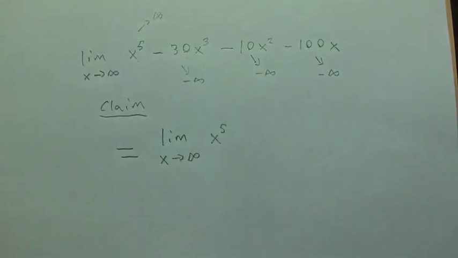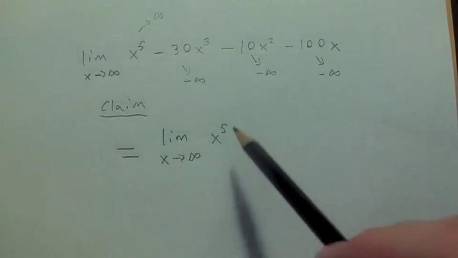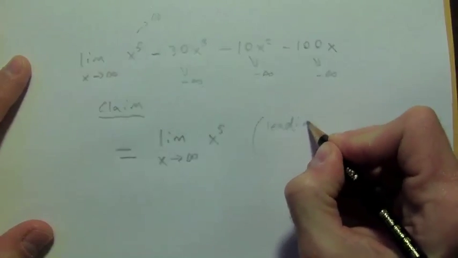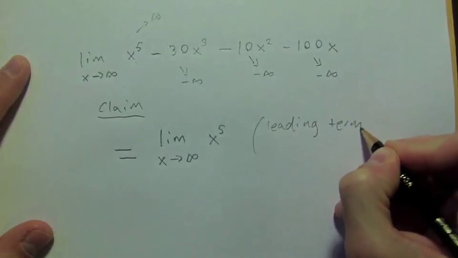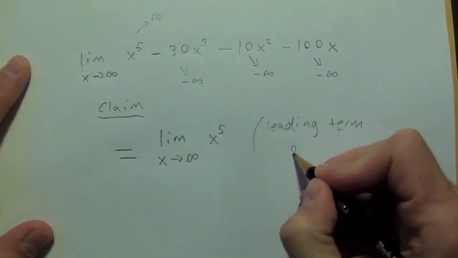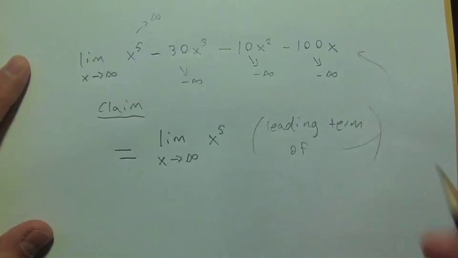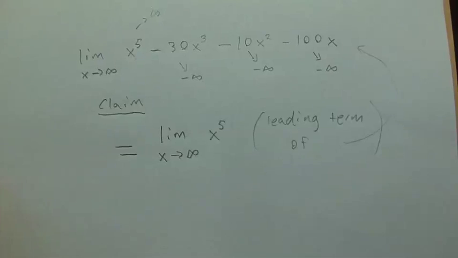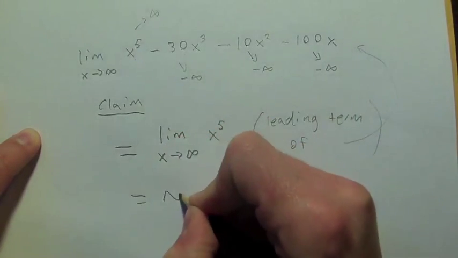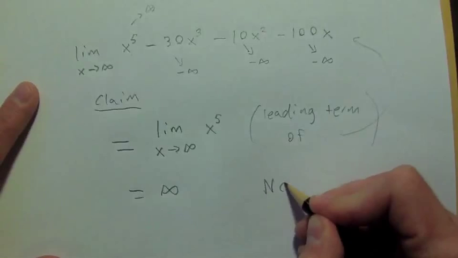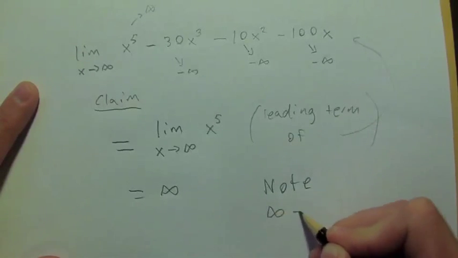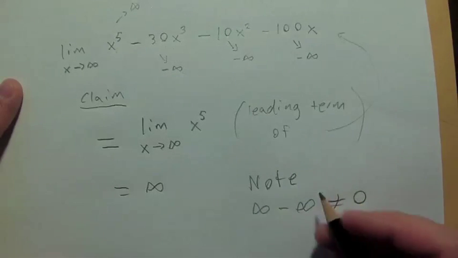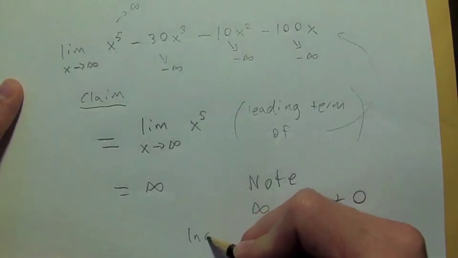This thing is equal to the leading term of what we started with, the term with the highest power of x, and that's going to be positive infinity. So note, this is a big deal. Infinity minus infinity does not equal 0. In fact, this is what we call an indeterminate form.